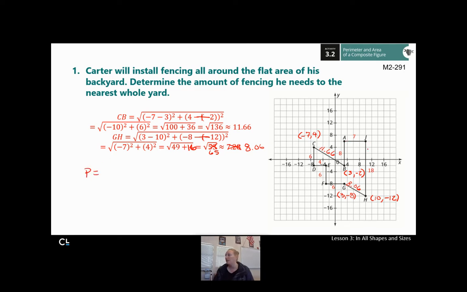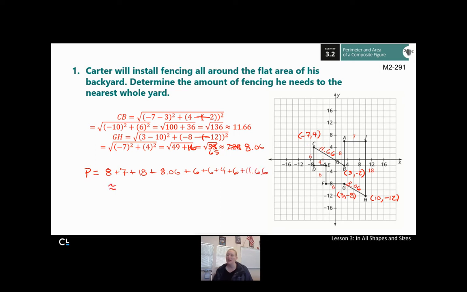So we have 8 plus 7 plus 18. So we'll start with those. 8 plus 7 plus 18, plus this side, which is 8.06, plus 6 plus 6 plus 4 plus 6, plus my last one, which is 11.66.